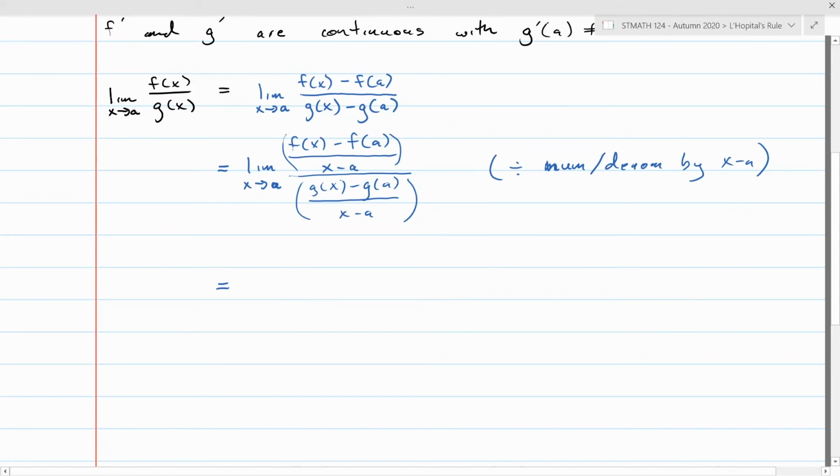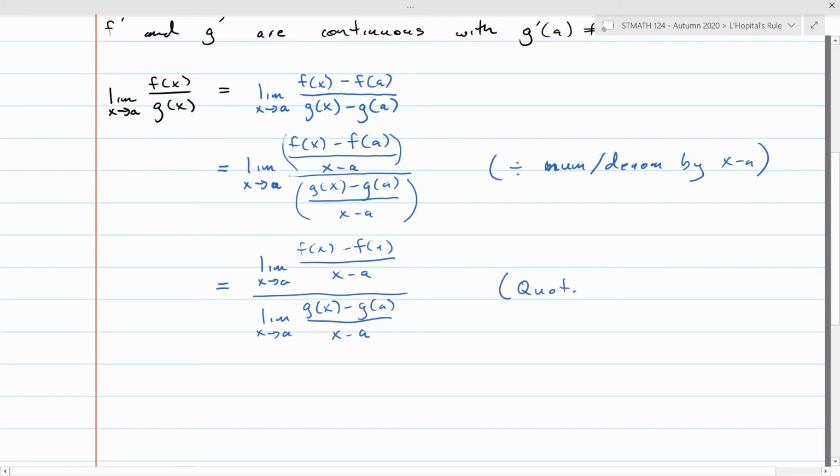And then if you look at those fractions, you notice that those are the fractions you take the limit of to get the derivative. So I can write this as the limit as x goes to a of f of x minus f of a over x minus a, all over the limit of g of x minus g of a over x minus a. So this is the quotient rule, or the quotient law for limits.